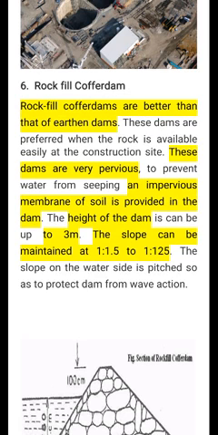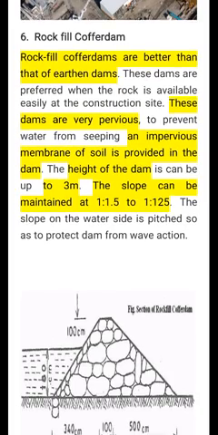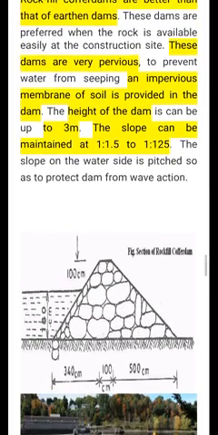The height of this dam can be up to 3 meters. The slope can be maintained at 1 to 1.5 down to 1 to 1.25. The slope on the water side is pitched so as to protect the dam from wave action.